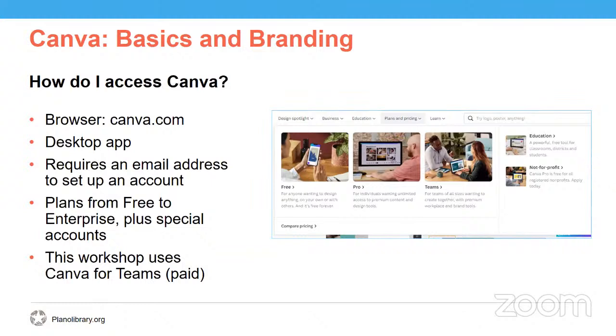They do have different plans. They do have free accounts. There are limited features. Each account type has different features that you have access to. A free account has a lot of the basic stuff that you can use and play around with. And that's a really good one to start if you're not quite sure if you want to use Canva for whatever you're going to use it for.